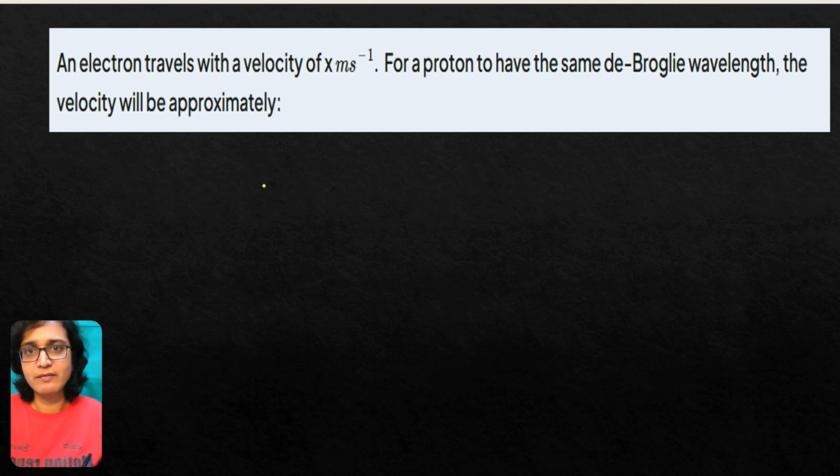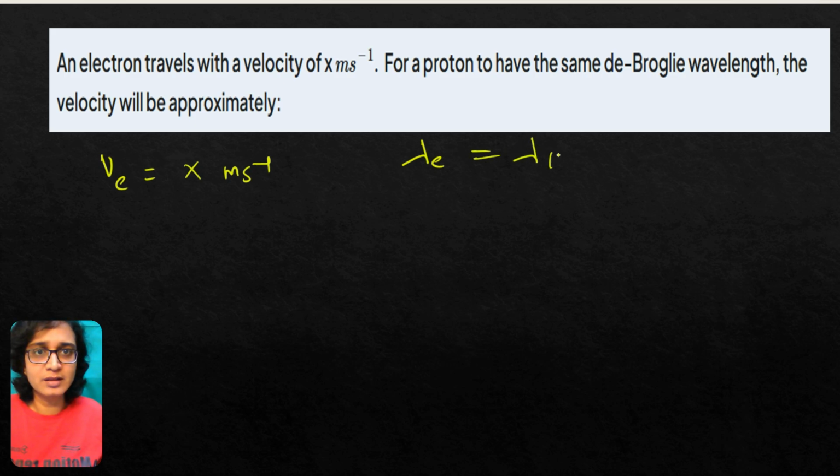An electron travels with a velocity of x meter per second. So the velocity of the electron is x meter per second. For a proton to have the same de Broglie wavelength, so electron wavelength and proton wavelength are the same, the velocity of the proton will be approximately what?